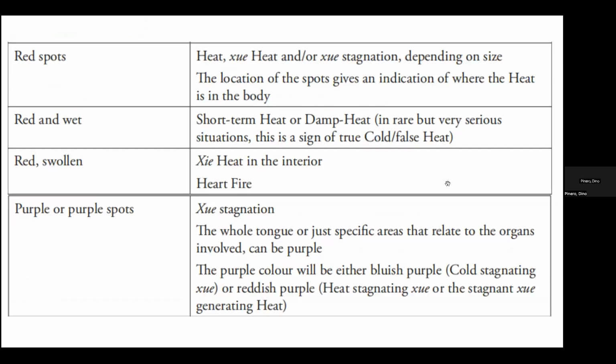Yung red spots, heat or blood heat or blood stagnation depending on size. The location of spots gives an indication where the heat is in the body. So hahanapin, dapat alam po natin yung mga areas ng tongue where the red spots are located para malaman po natin which organ yung may presence of heat.